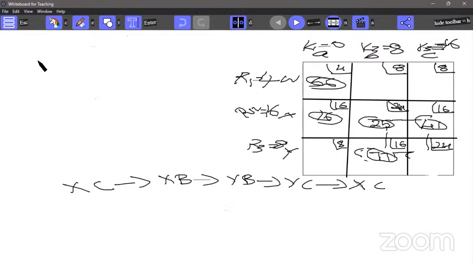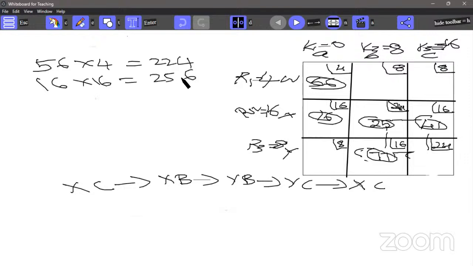Can you tell me quickly, please? 56 into 4, how much is that? 224. Then 16 into 16: 256. 25 into 24: 600. Then 41 into 16: 656.